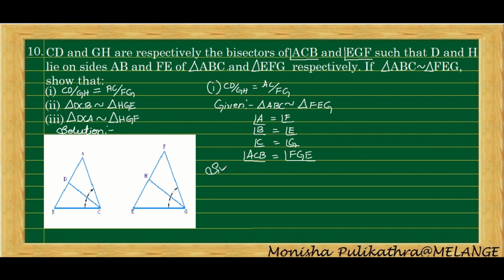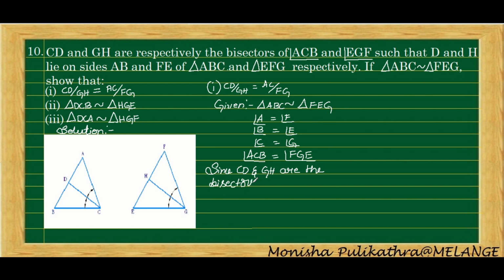Since CD and GH are the bisectors, bisectors means which cut a triangle or any other thing into equal angles.